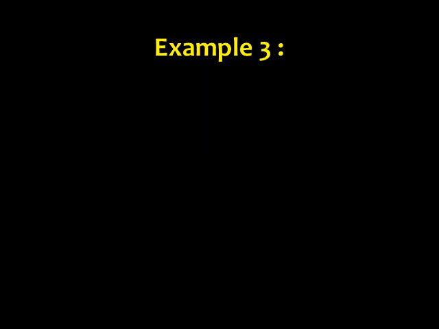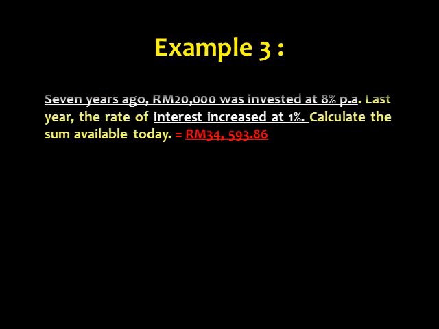Now let's look at example 3. 7 years ago, RM 20,000 was invested at 8% per annum. 7 years ago, let's say now is 2020, so 7 years ago it could be 2013.